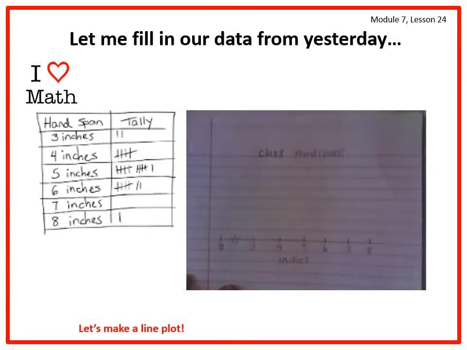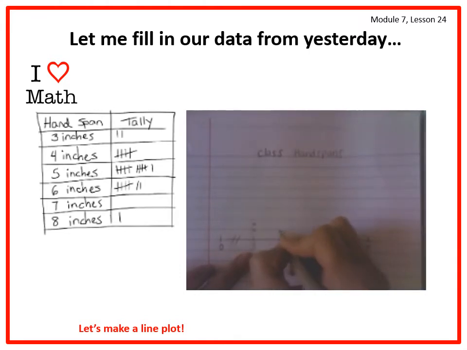Okay, so now let's complete our line plot. How many 3 inches do you see? How many tallies? 2. So on my 3, I'm going to put 1 X, 2 X's. Remember, we use X's. Now, how many 4 inches? We have 5, right?